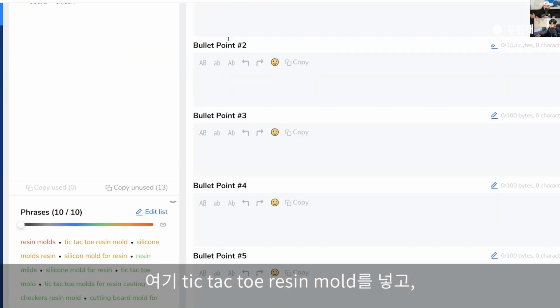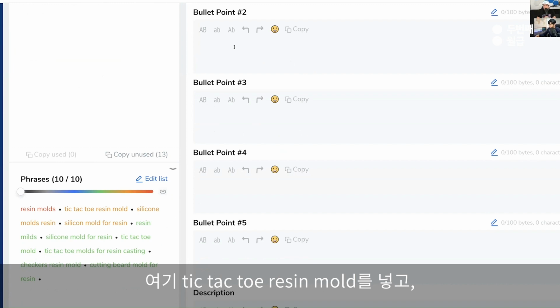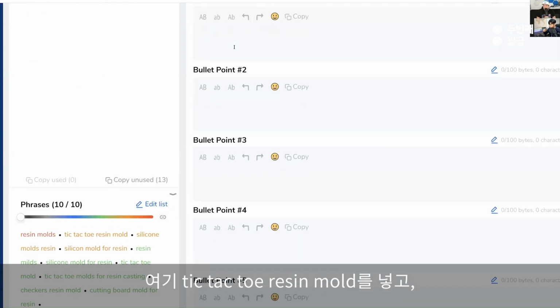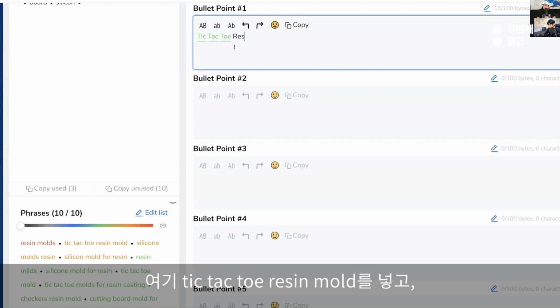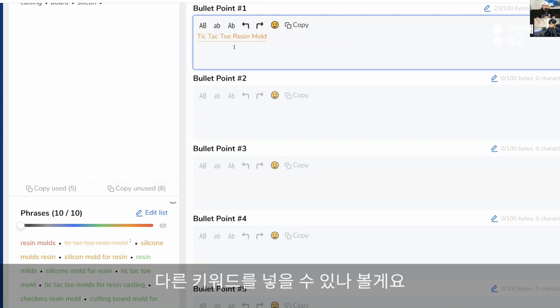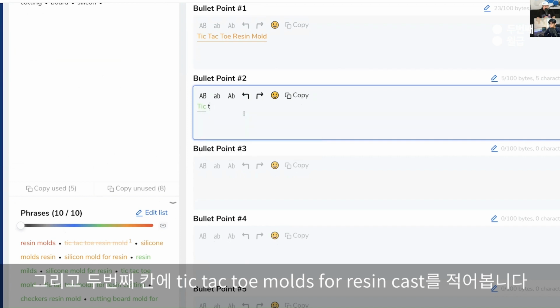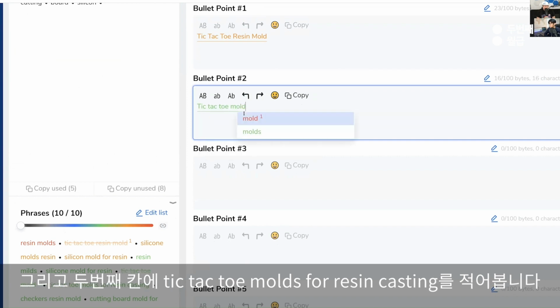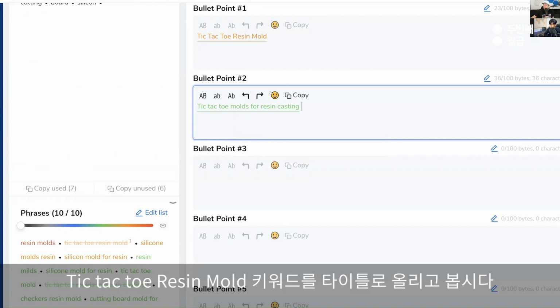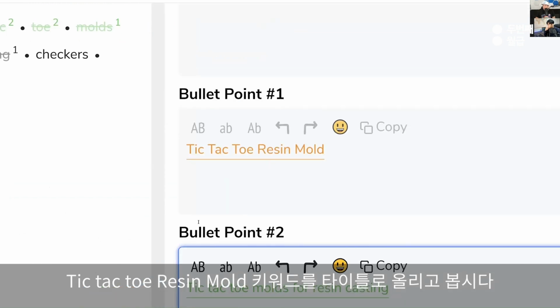So I would say here, tic-tac-toe resin mold. Let me just see if I can put another keyword in here. Okay. And then I would put tic-tac-toe mold. If I put right here in one of the bullet points, tic-tac-toe molds for resin casting. Okay. So here, tic-tac-toe resin mold, that was the bullet point. I meant to put it in the title.